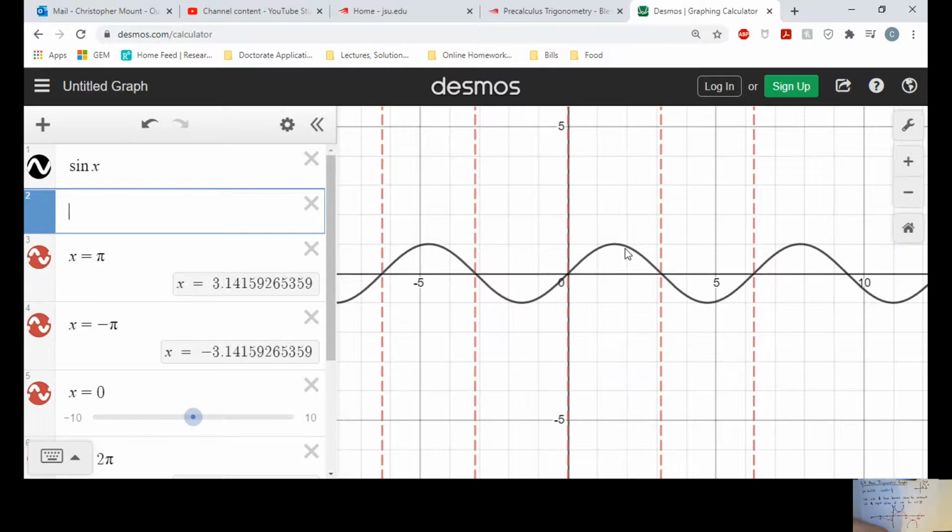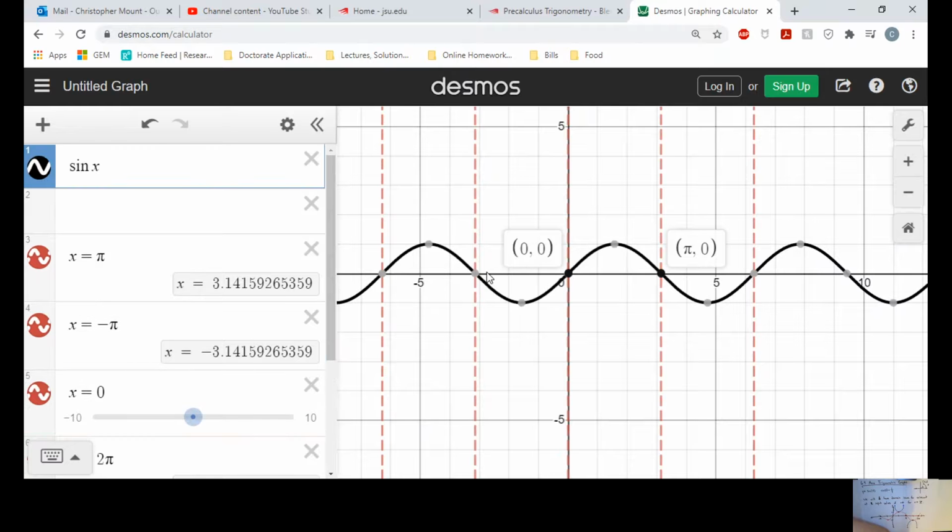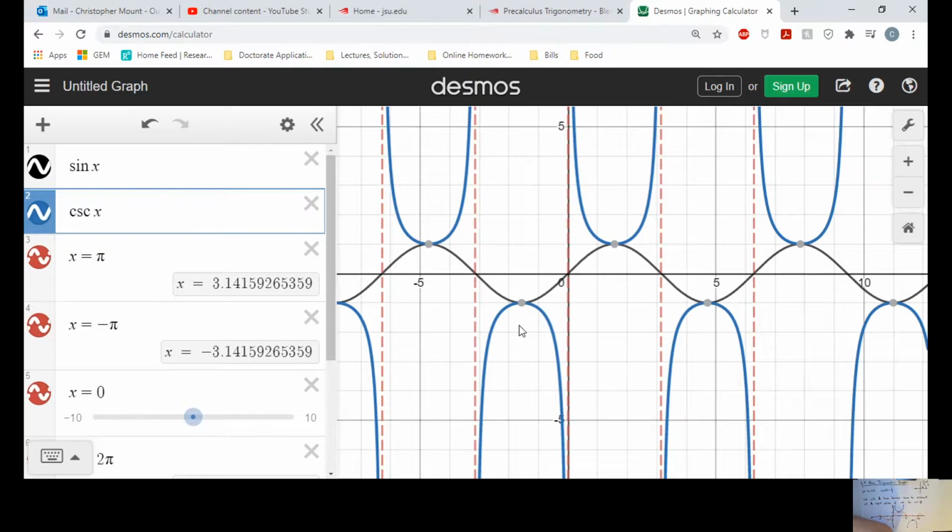So these are where I should expect the asymptotes to be, right? Where sine is 0. Look, the output is 0 at all these. And since cosecant is 1 over sine, then I should expect bad behavior around these 0 values. So let's see what happens. Cosecant x. There it is. So what I've graphed for you is just one period of it. One period of cosecant is going to be when you've got a whole top loop thing. It's not a loop.